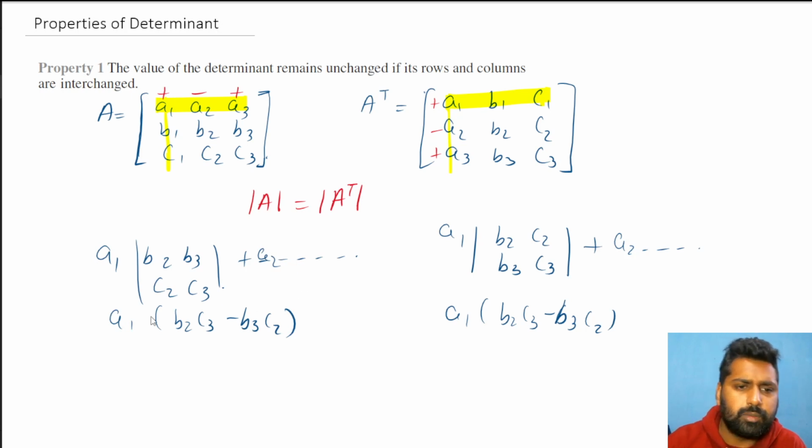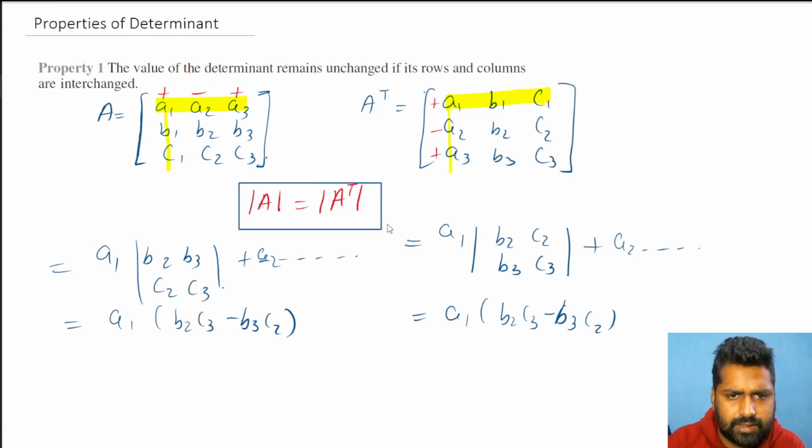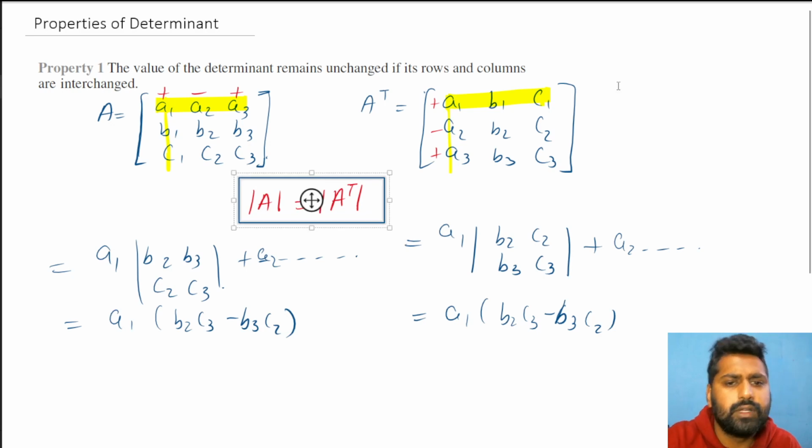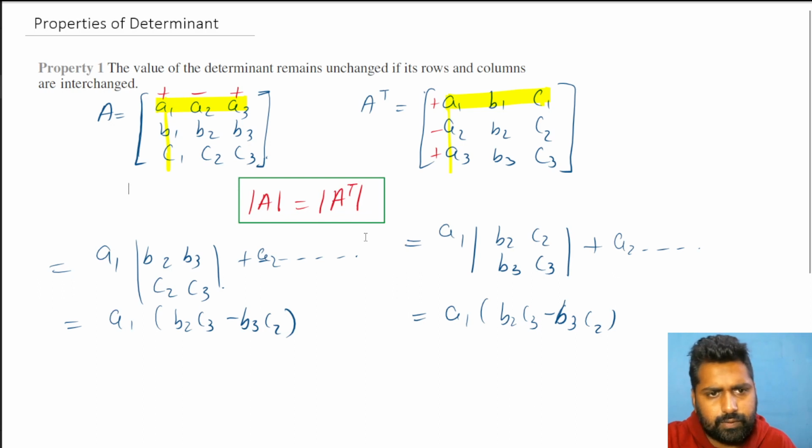After opening the whole expression, they will all come out the same. So whether you take the transpose of a matrix or not, the determinant remains unchanged. That's the final conclusion of this property. This is what you should remember. All right, first property done.